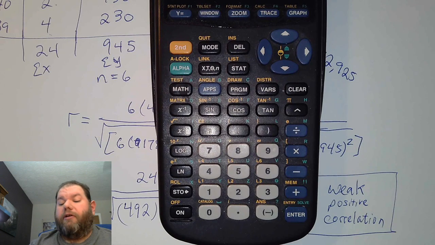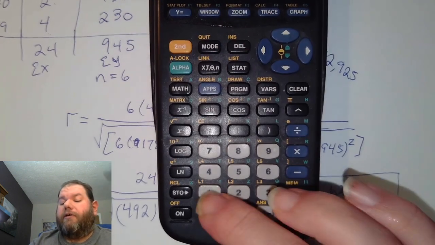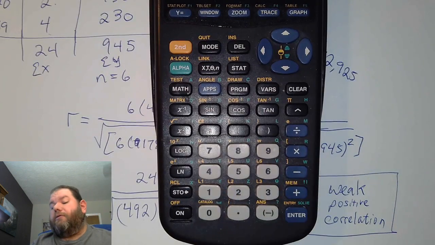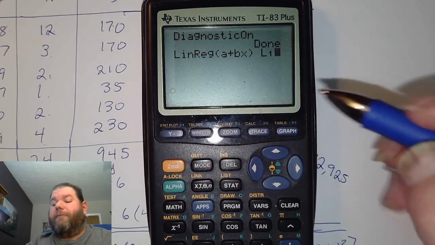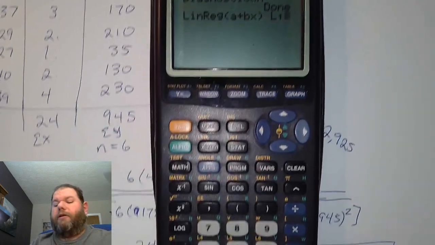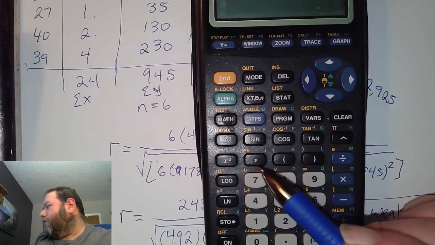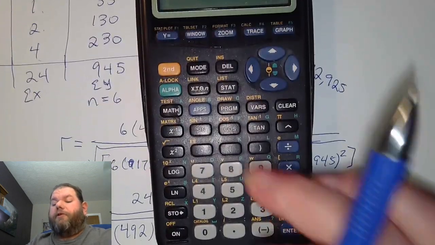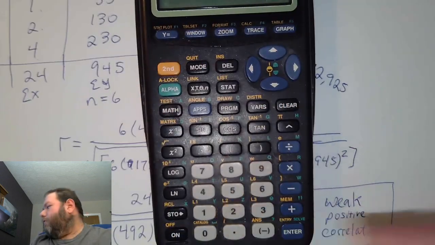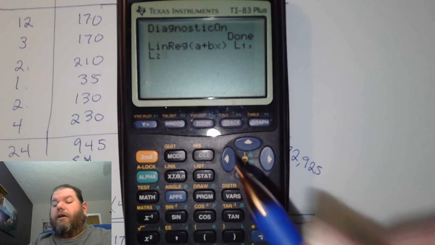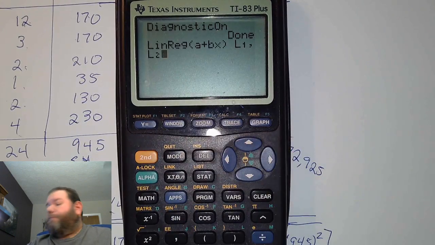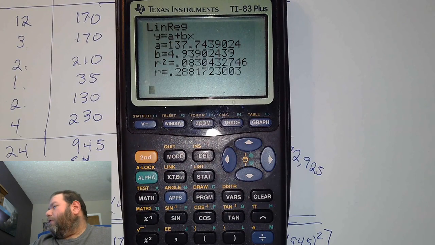So I'll press second and 1, and that brings up L1. I'll press the comma button, and then I'll enter L2, which is second 2. Okay. So we press enter.